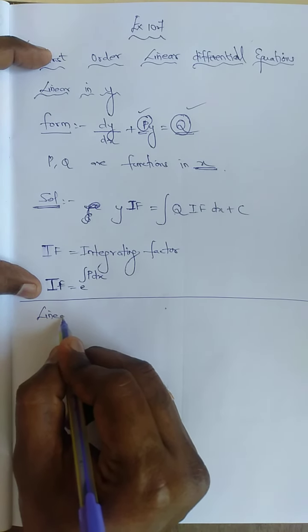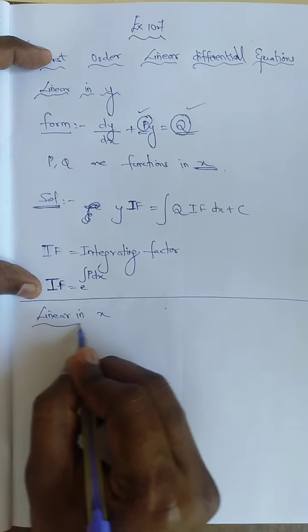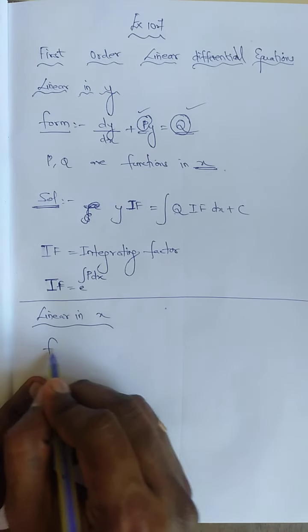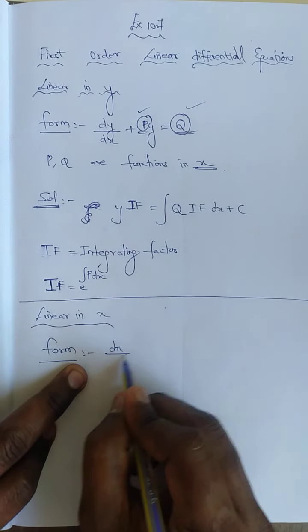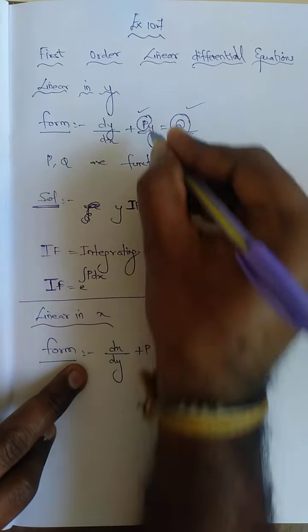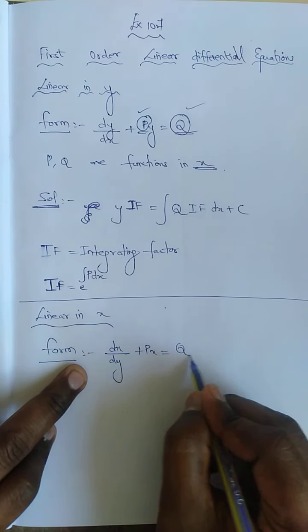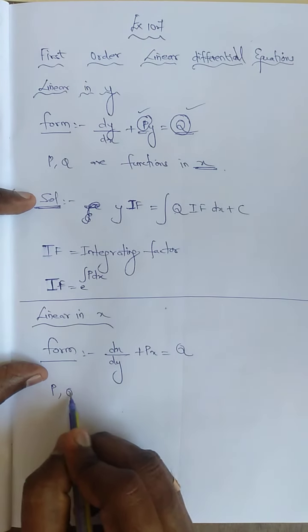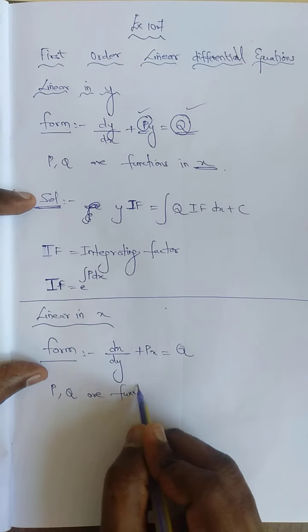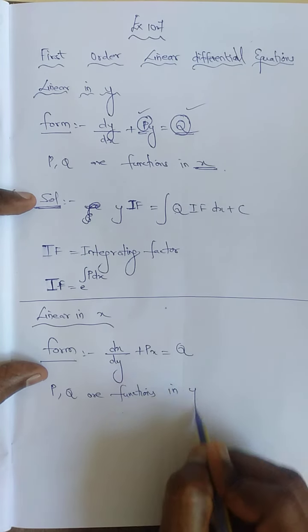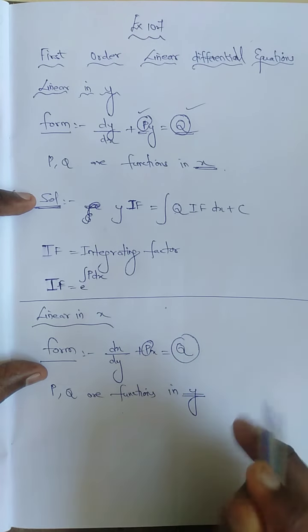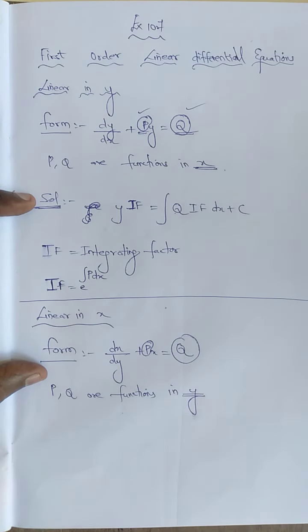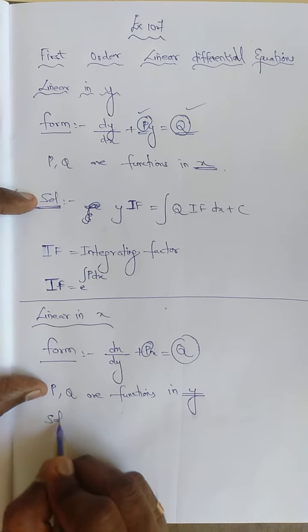Next, linear in x. The form is just the reciprocal: dx by dy plus P x is equal to Q. Here, P and Q are functions in y. Therefore, what will be the solution?